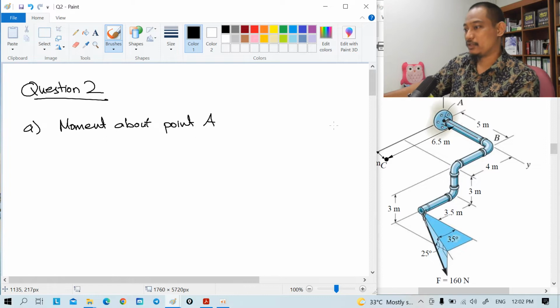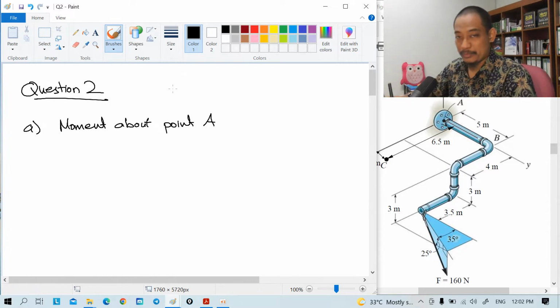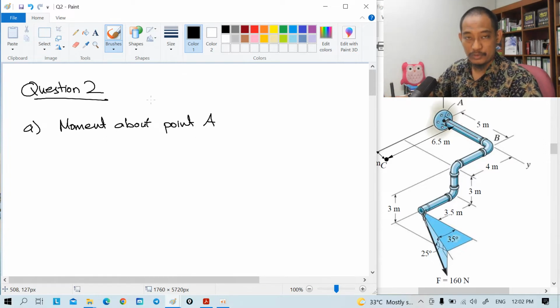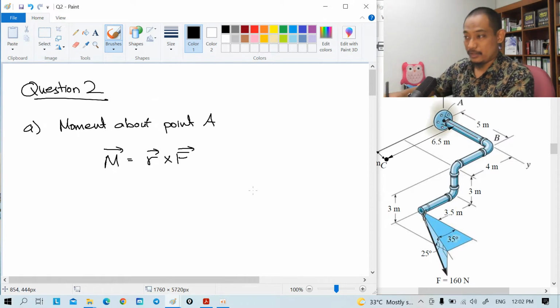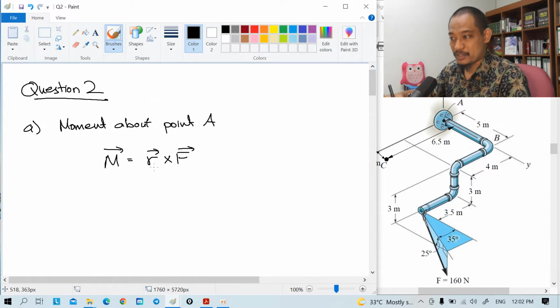Moment about a point, in terms of the equation, is M equal to R cross F. This is the equation for moment about a point, and this R is from the point to the force, and F is the force.